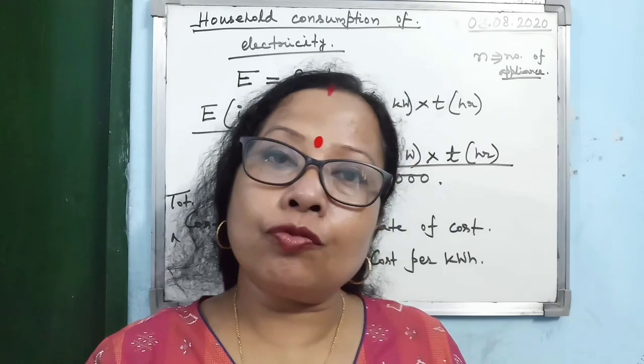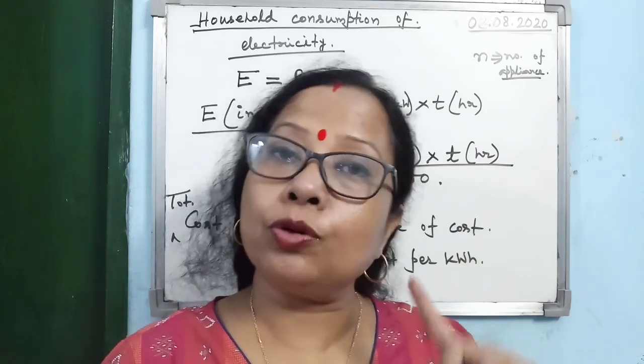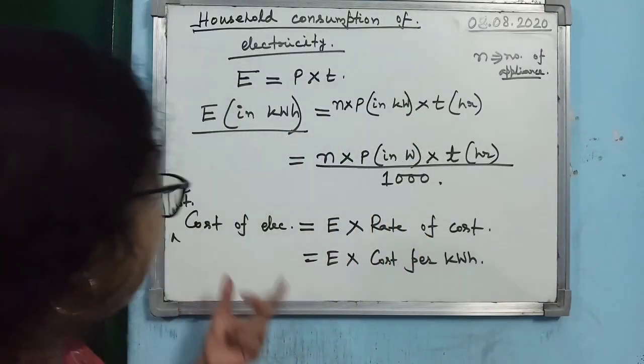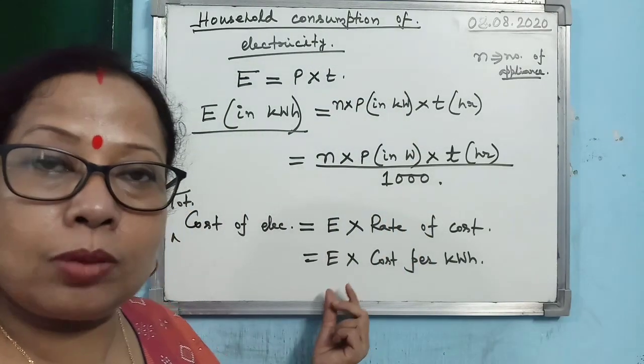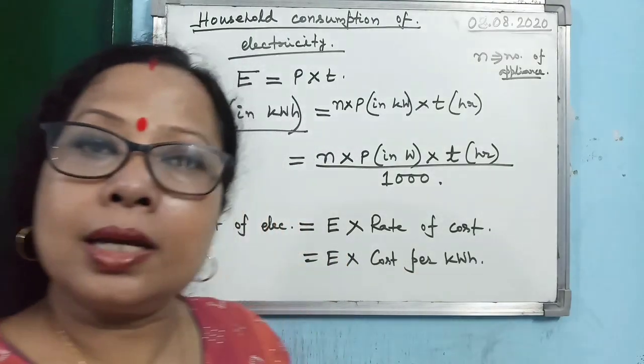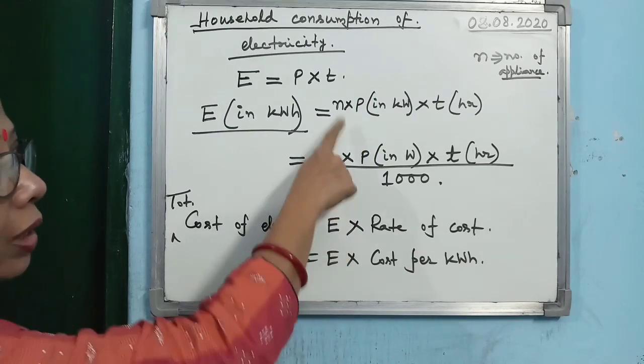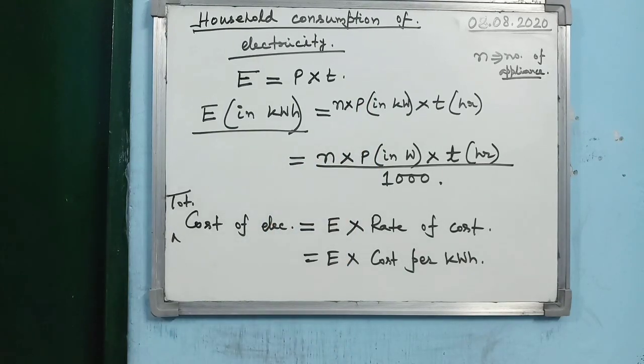It means that for 1 kilowatt hour, you have to pay 5.75 rupees in the bill. So the total cost of electricity will be total energy consumed multiplied by cost per kilowatt hour. These are the three relations we generally use to calculate the electric bill of any house, or the household consumption of electricity.